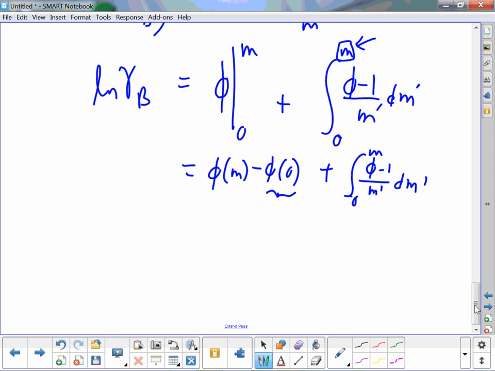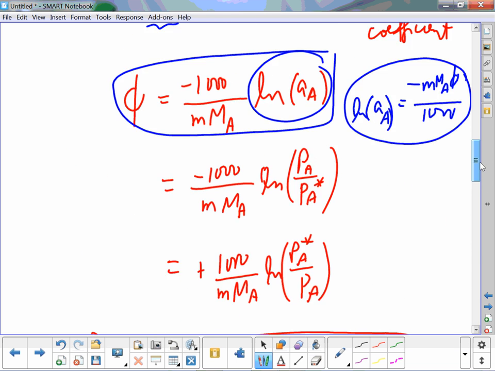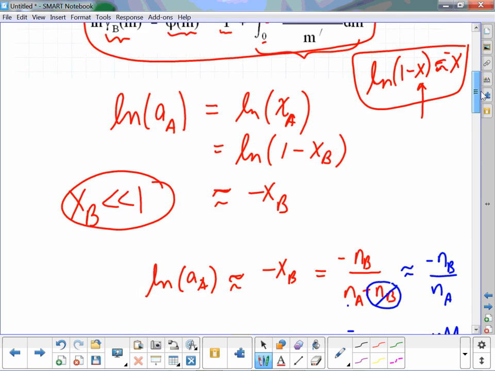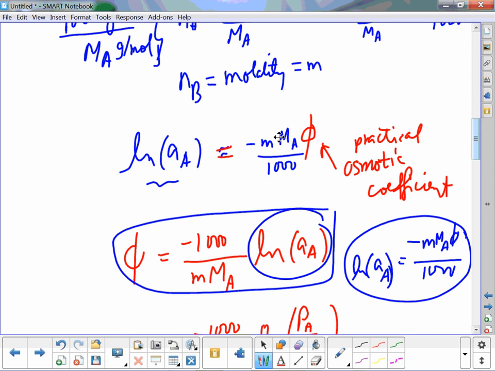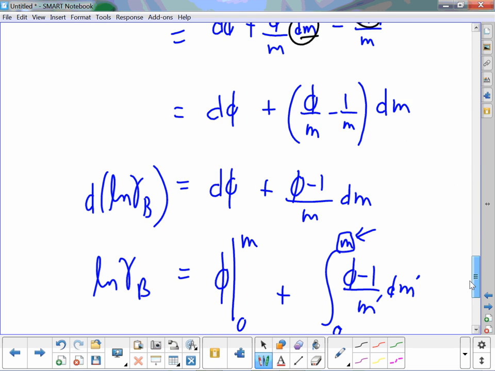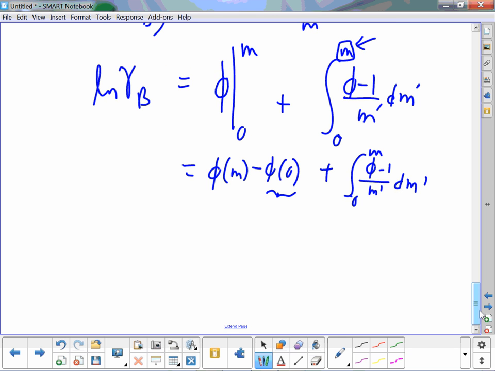Remember, in very dilute solution, this correction factor that we introduced is going to be 1. So in pure A, it becomes 1. So phi at 0 is equal to 1. So this becomes phi of m minus 1 plus the integral of phi of m minus 1 over m dm from 0 to m. So that's the formula right there.